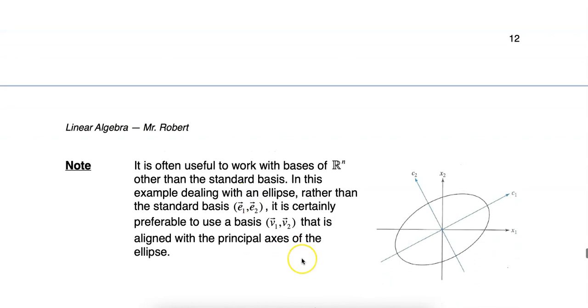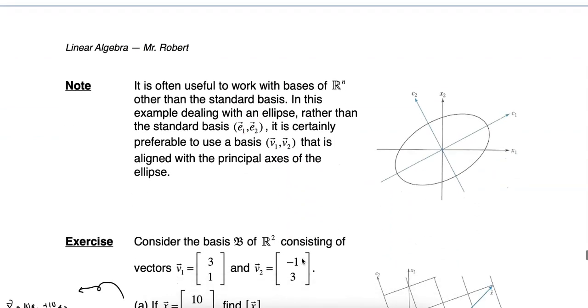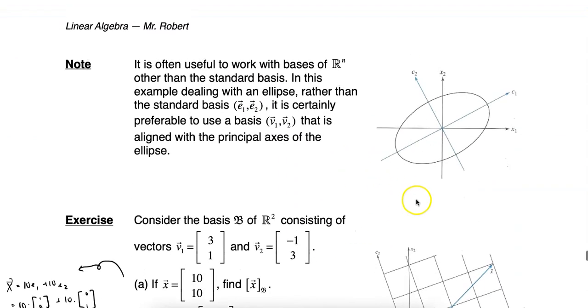So why would we ever want to do that? Well, for example, here, even though this has no explanation on what the task would be, if we were looking at vectors that are pointing at every point on an ellipse, this could be difficult because this ellipse is tilted. If you try to think of what the parametric equation would be for that ellipse, I don't know what it would be.